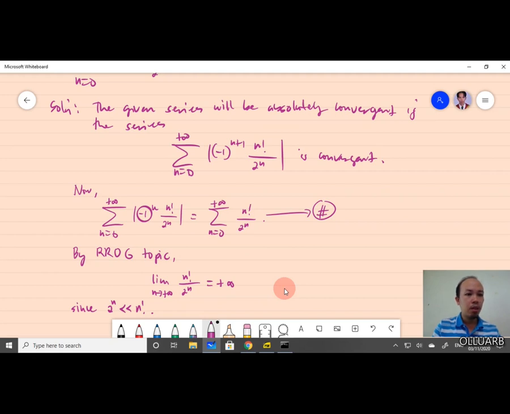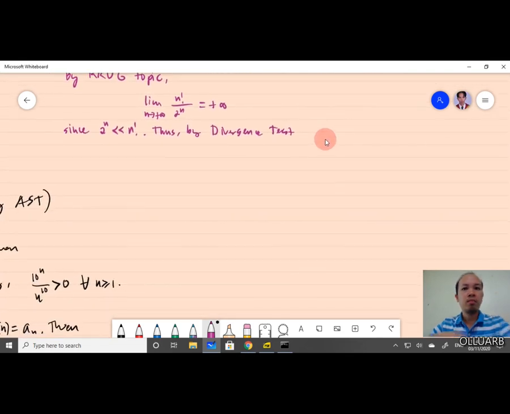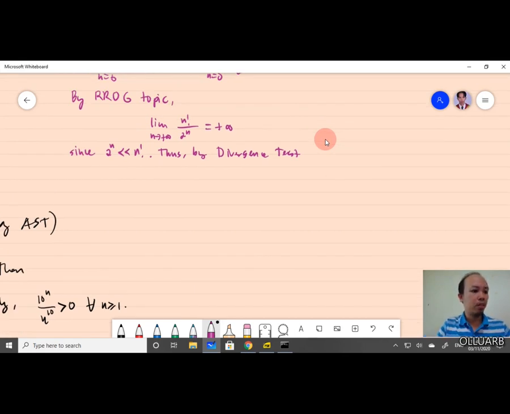Thus, by divergence test, the summation of n factorial over 2 to the n, n starts from 0 to positive infinity, is divergent.